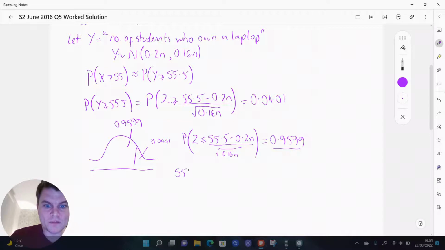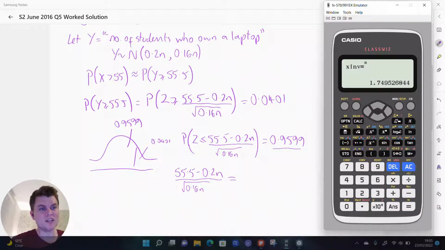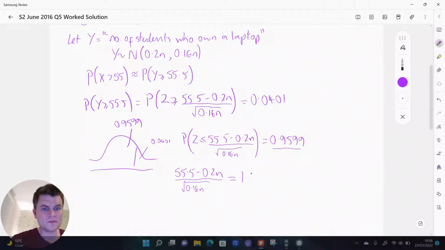So I've got 55.5 minus 0.2n all over root 0.16n, and that equals that number that's been returned on the calculator, which I'm taking to 5 significant figures, 1.7495. And from this point onwards, we are just going to solve for n.